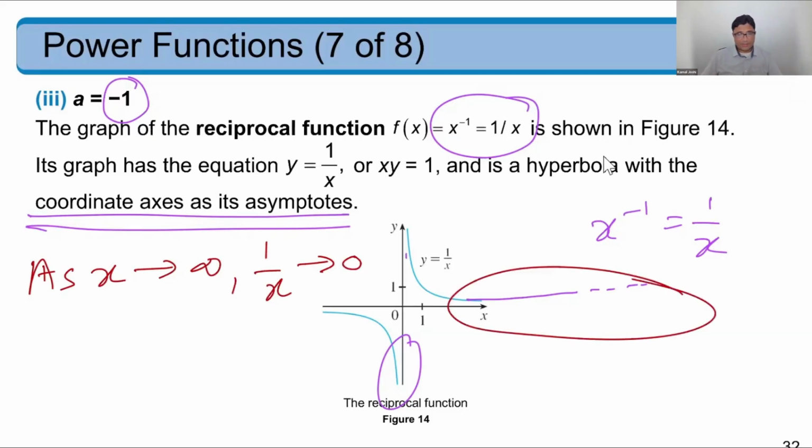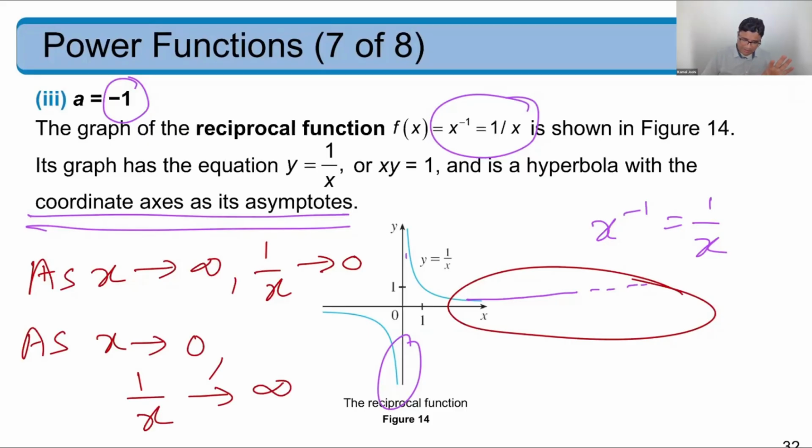It gets closer and closer. And as x goes to 0, 1 over x goes to infinity. There is the thing about going to 0 from the right and from the left. I'm not getting into the complication, but when I say 1 over x goes to infinity, I mean it becomes larger and larger here. And that is where you get this asymptote on the y-axis.